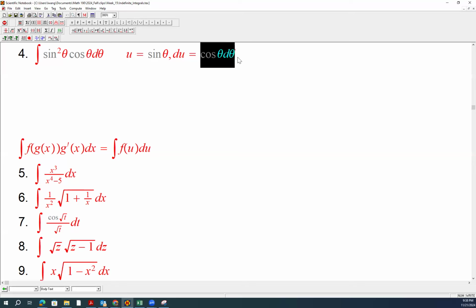So cosine theta times d theta would be just du. So you can see this substitution.